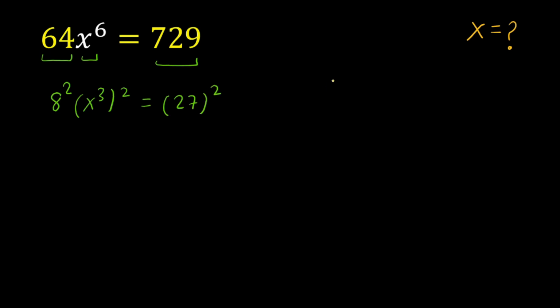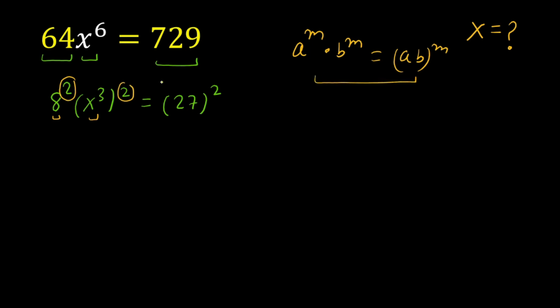Now on the left hand side we will apply the base and exponent rule, that is a power m times b power m equals (a into b) bracket power m. If 8 is a, x power 3 is b, and 2 is m, then applying this rule, on the left hand side we get (8 times x power 3) bracket power 2, and this equals 27 power 2.